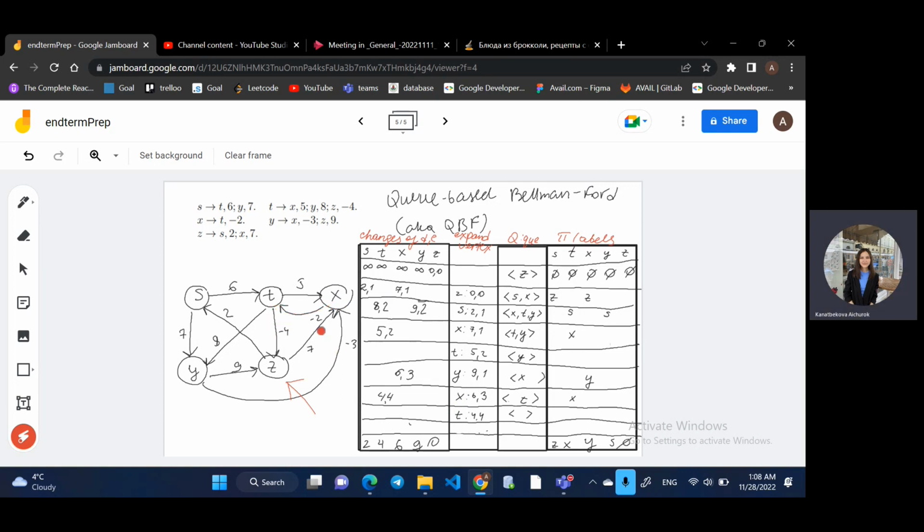And what we're going to do is we have this cost, we add minus 2 to it, and we get the new value. And the number of edges is going to be 4, because if you look at X, we know that its parent is Y. So this is one edge, and Y's parent is S, second edge, and S's parent is Z, third edge, and this is the fourth, so it's going to be 4.